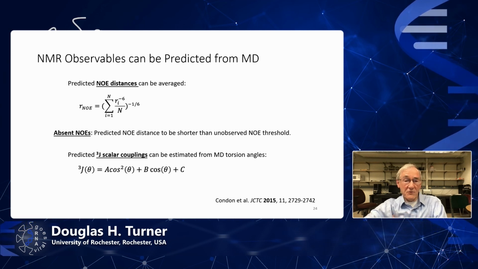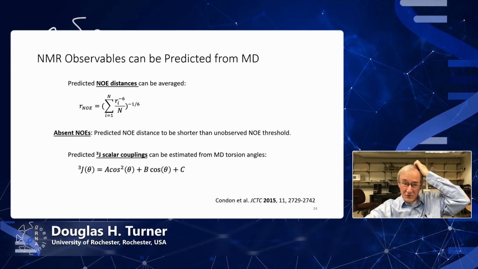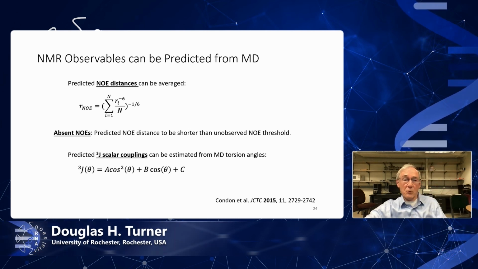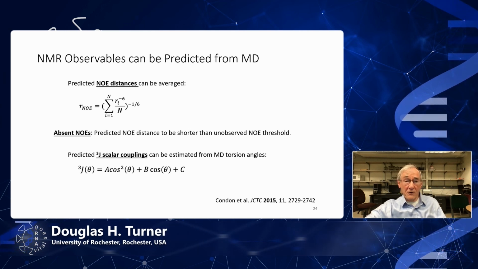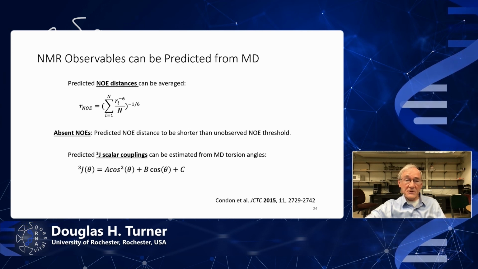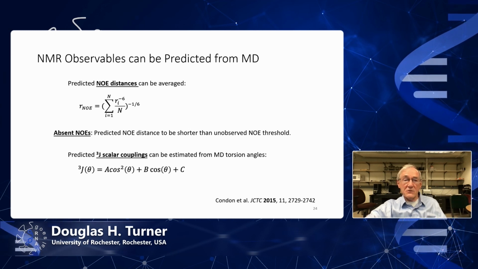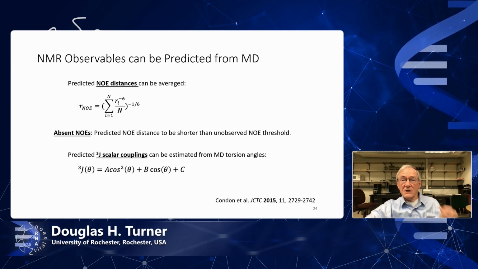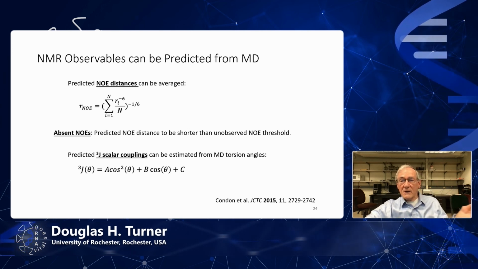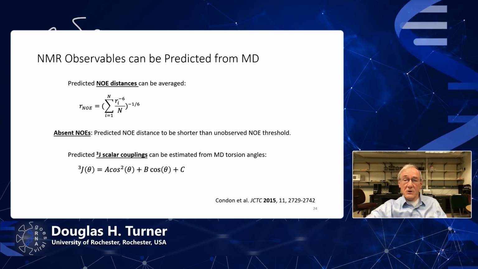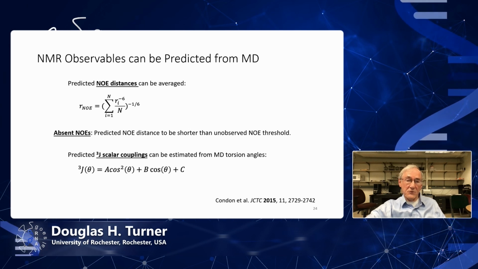And then basically you just average that using R to the 6, as shown in the top equation here. You just average that to see what you would predict for your NMR from the simulations. And absent NOE, I've already sort of mentioned to you, you predict an NOE distance. If it's short, you expect to see an NOE, and sometimes they're short, but you don't see any NOE. So that argues against your prediction, and therefore your force field.